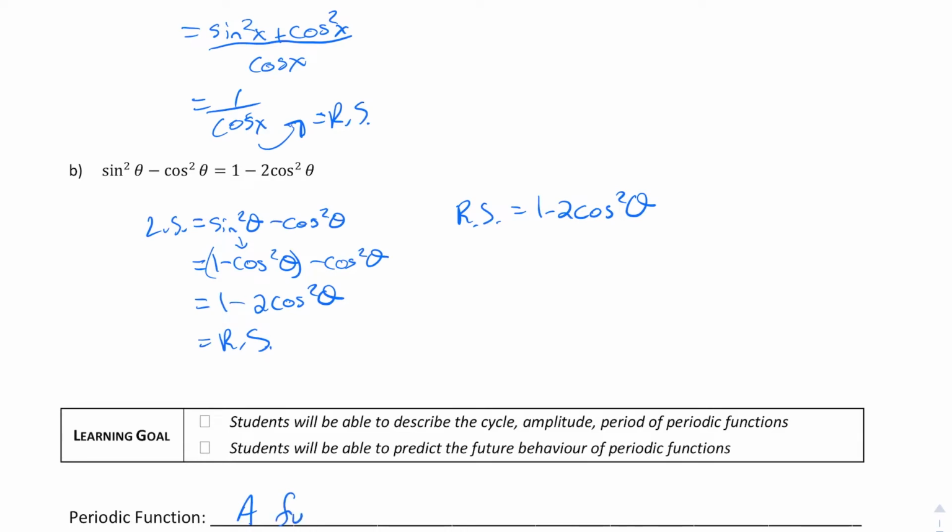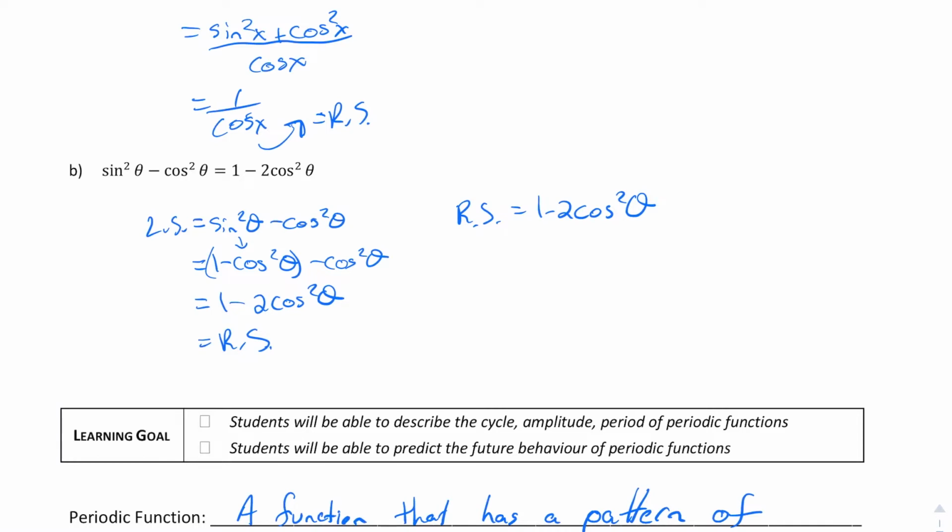So a periodic function, if we just state a definition, is a function that has a pattern, but it's not just a pattern, it's a pattern of y values that repeats at regular intervals.